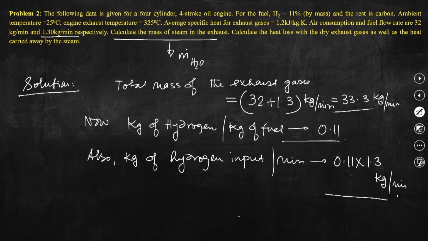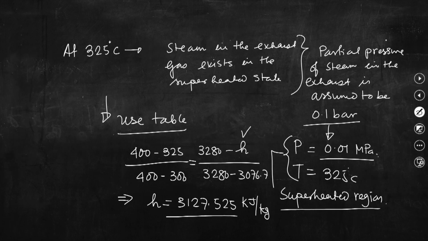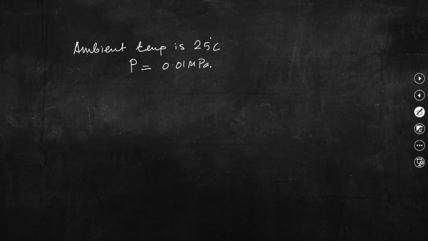So, if we go back to the previous slide where the problem statement is given, we can see that we have to calculate the heat loss with dry exhaust gas as well as the heat carried by the steam. Calculating the enthalpy of the steam in the exhaust gas, we can have some estimate. The ambient temperature is 25 degrees Celsius and the pressure of the steam is 0.01 megapascal, right.